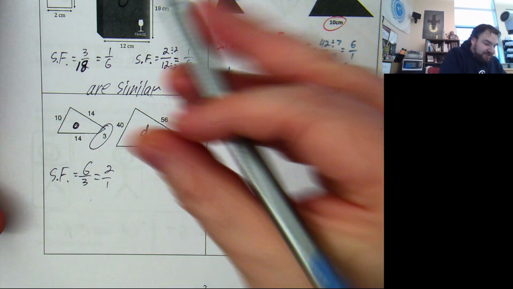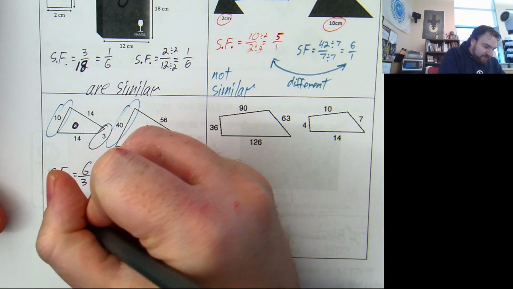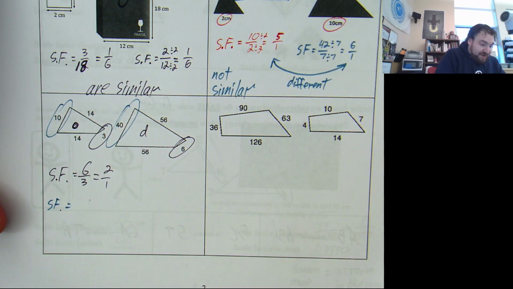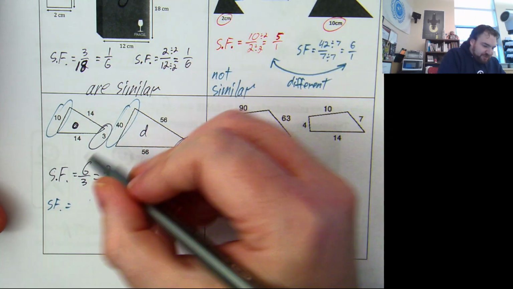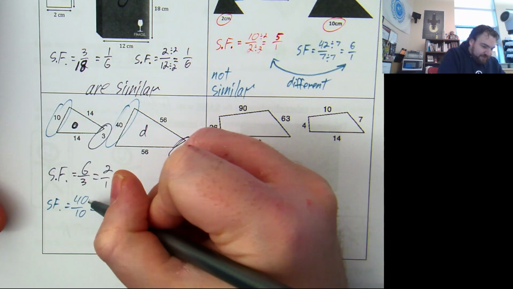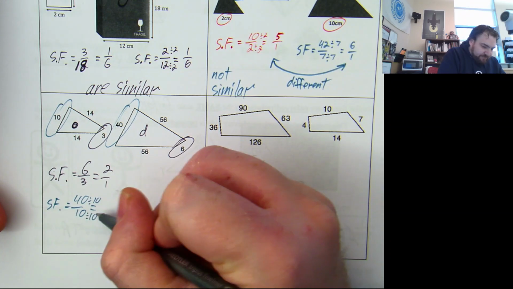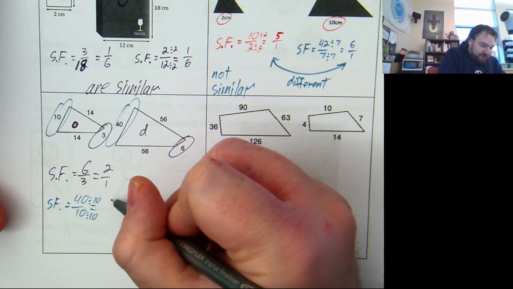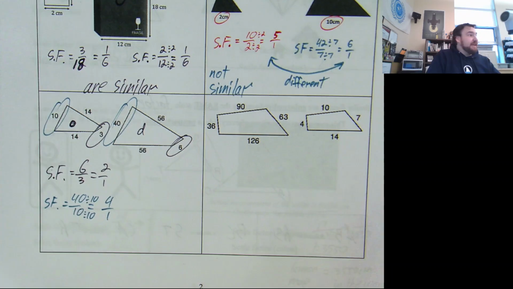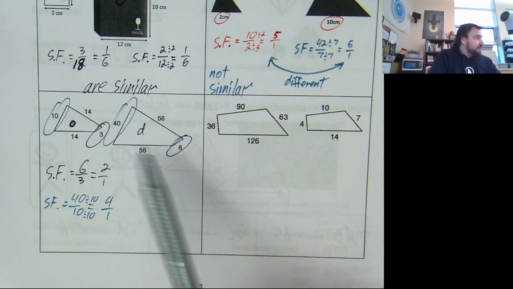But if I look at these two sides, one of these is not like the other. So this one's going to be 40 over 10. We're going to divide both of those by 10. So that's going to give us a scale factor of 4 over 1. So just by picking two good sides, we can see that, in fact, Gershon, you're right. These are not the same.